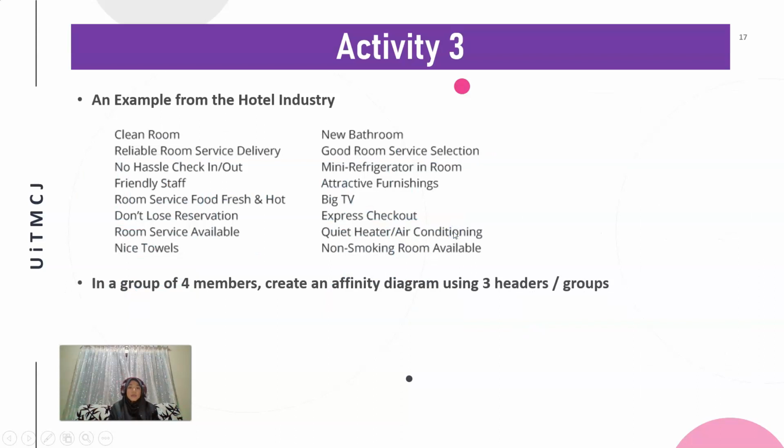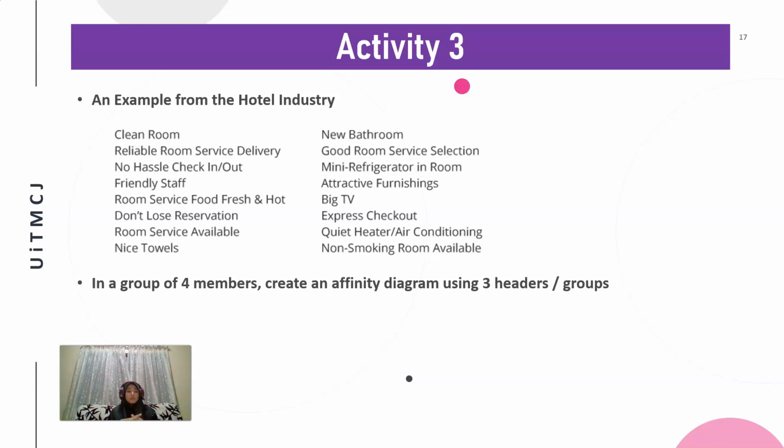Next, activity number 3. Again in a group of 4 members, create an affinity diagram using 3 headers. I give you a case study, an example from the hotel industry. So we have this kind of information, and from it I want you to group into 3 groups. Try to identify the similarity. For example, clean room: what is a clean room about?